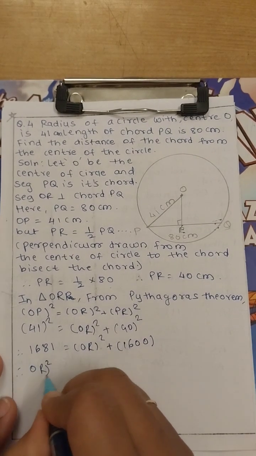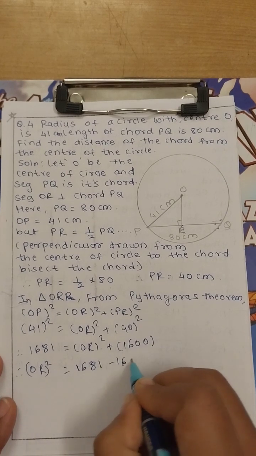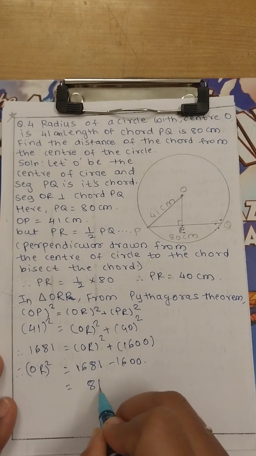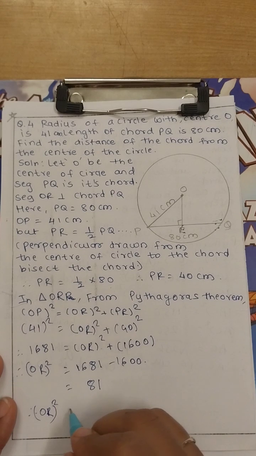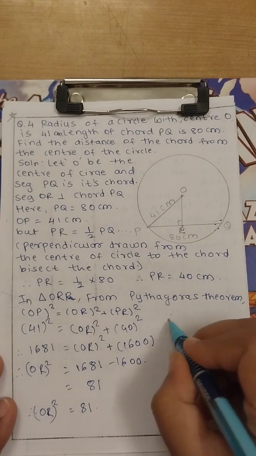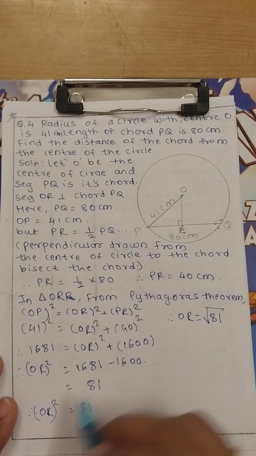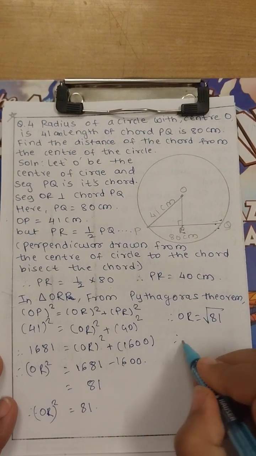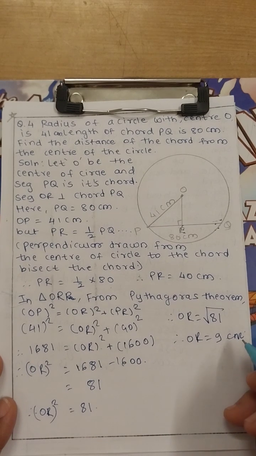Therefore, OR square is equal to 1681 minus 1600, which is equal to 81. Therefore, OR square is equal to 81. OR is equal to square root of 81. The square moves to the other side of the equal sign and becomes square root. Therefore, OR is equal to 9 centimeter.